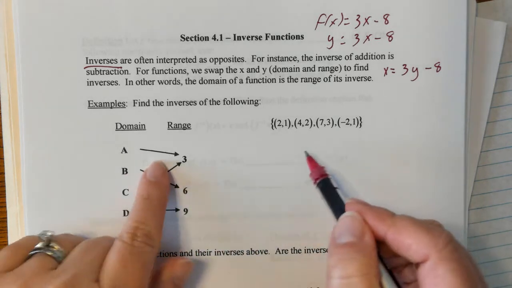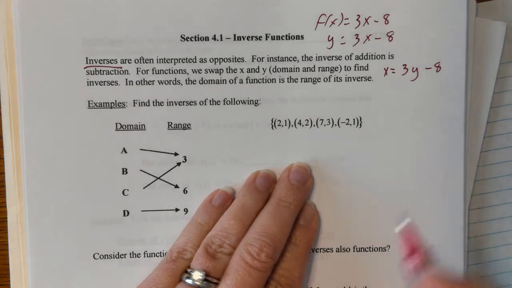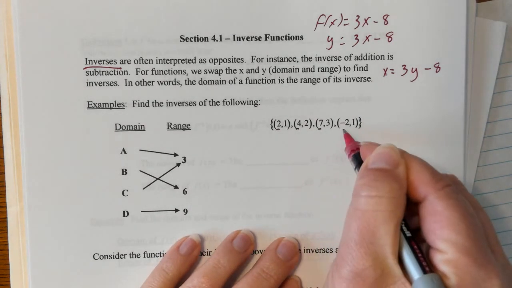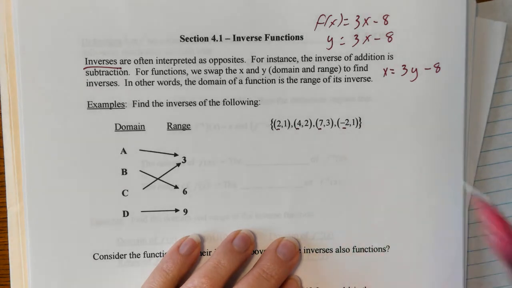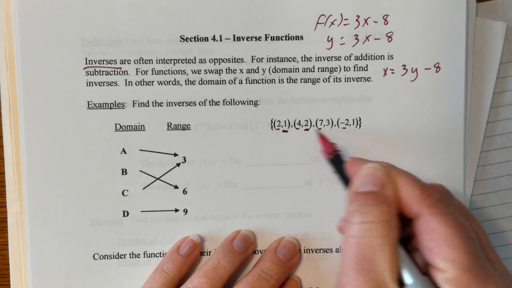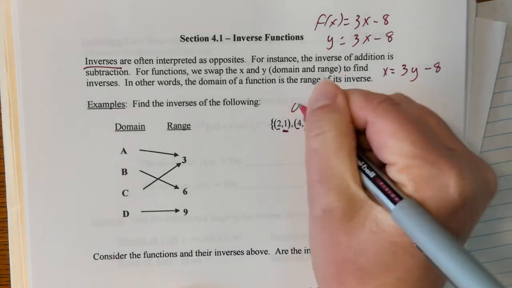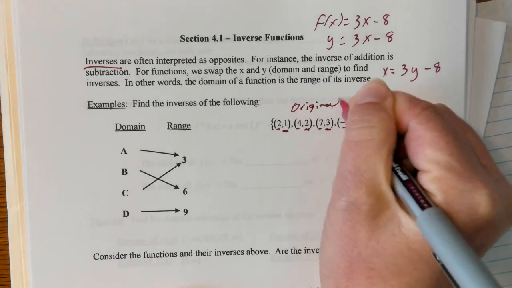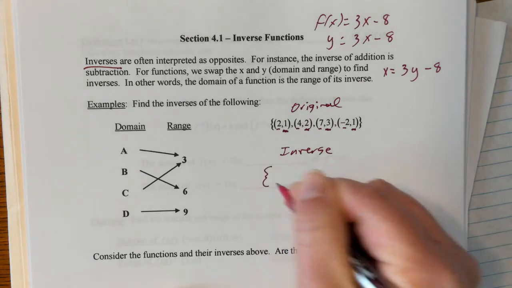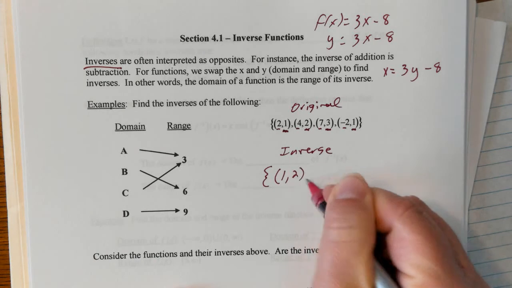So I'm going to do these out of order here, but let's look at this set of ordered pairs, okay? Our domain, our x's, are the 2, the 4, the 7, and the negative 2. The range, the y's, are the second numbers, the 1, the 2, the 3, and the 1. When I trade them to get the inverse, the ordered pair that was 2, 1 would become 1, 2.